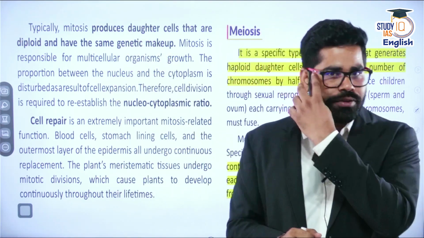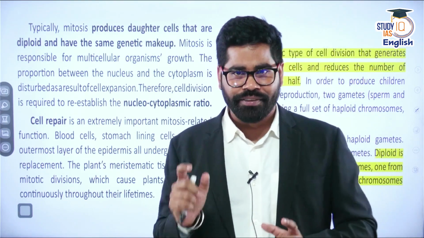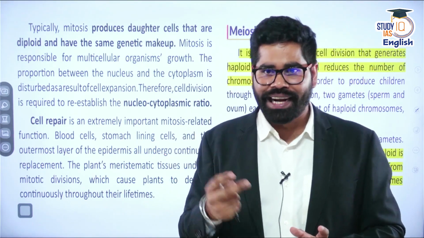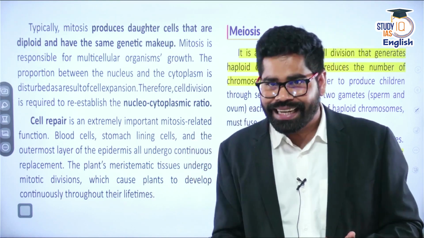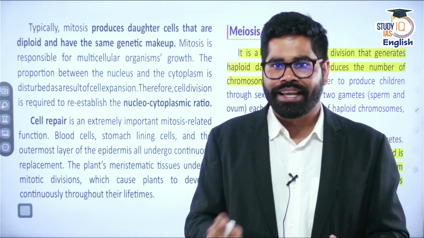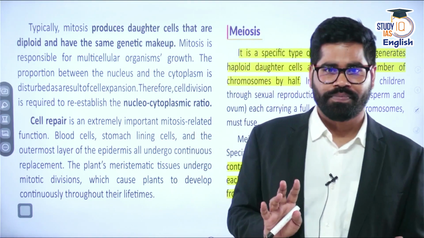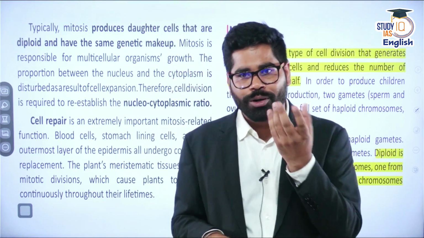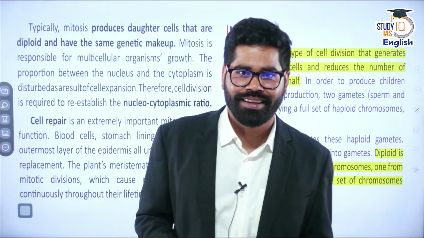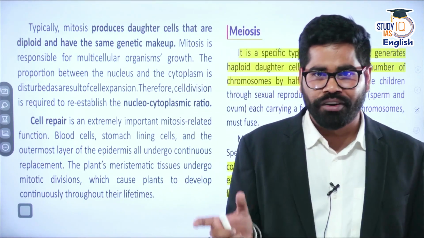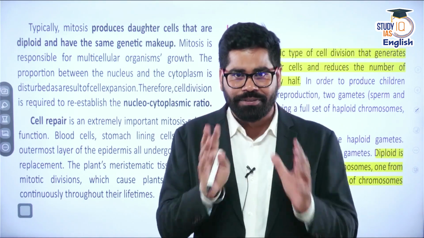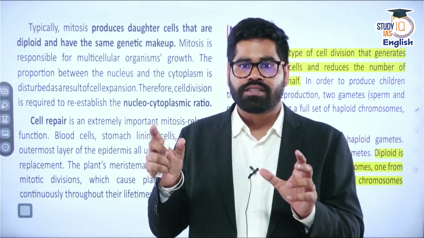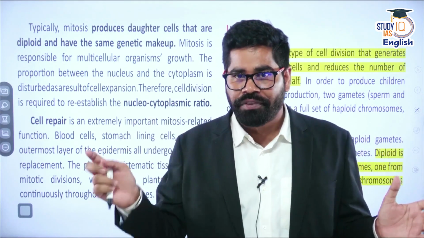Now, mitosis is one such cell division in which the parent cell divides into two identical daughter cells having equal number of chromosomes. Suppose we talk about any adult human cell, somatic cell, it is having 23 pairs of chromosomes. So when this cell divides, it will first create duplicates of each and every organelle.